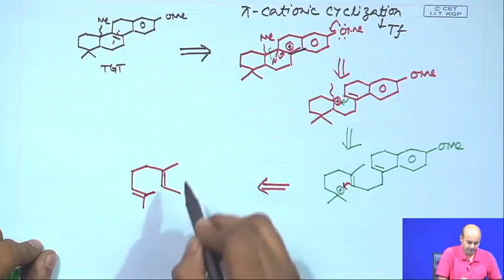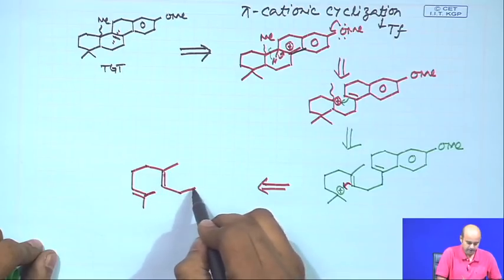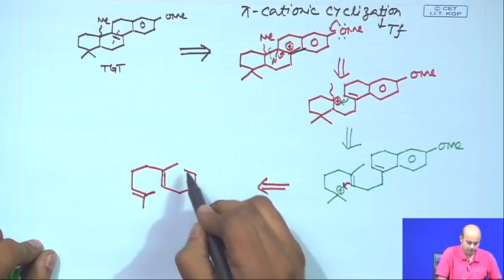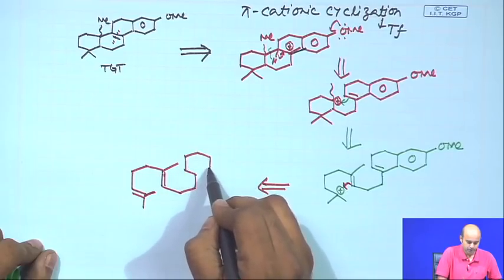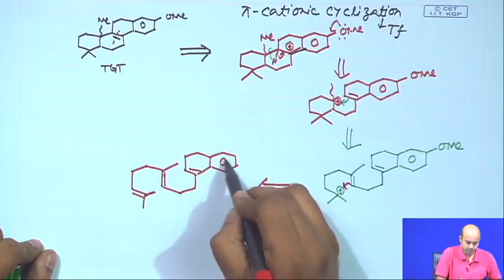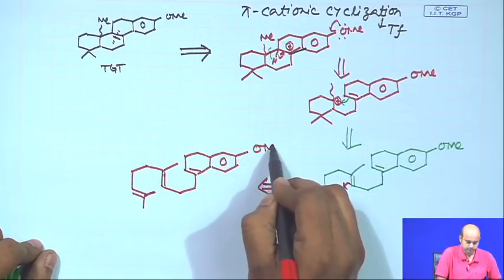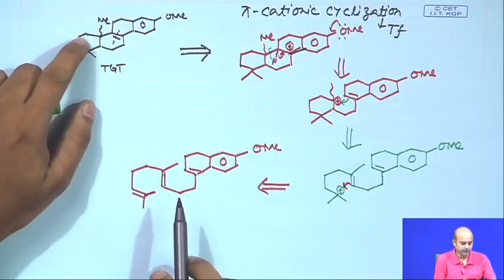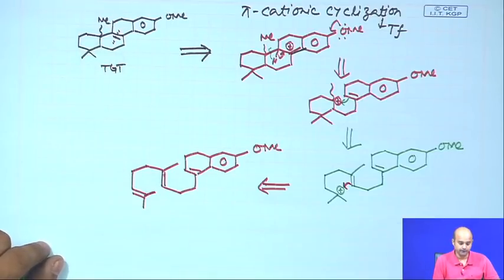Put 2 methyls here and then formulate the remaining ring. So, eventually all the 3 rings we have disconnected.